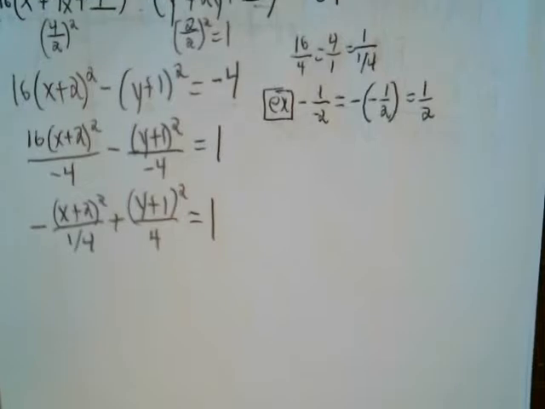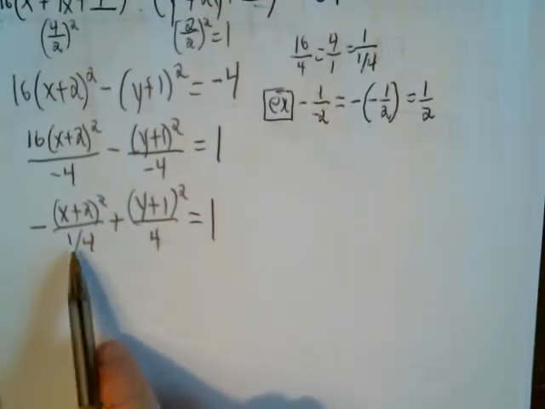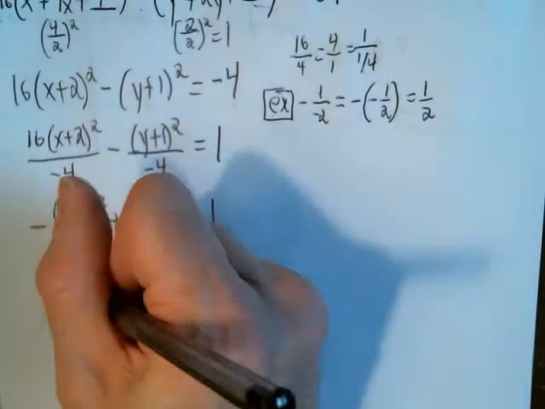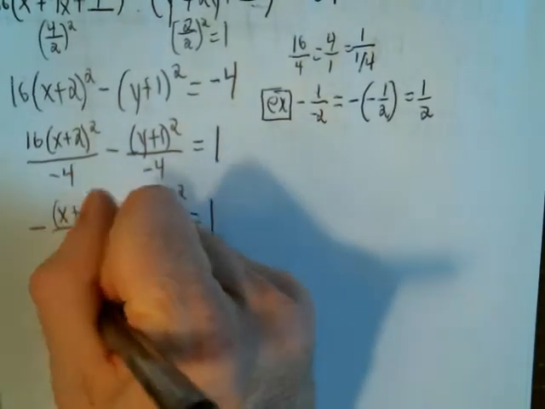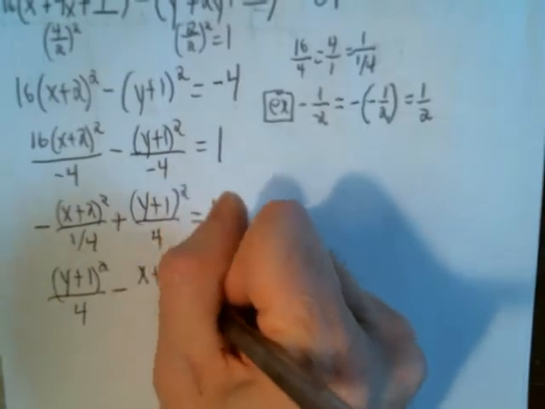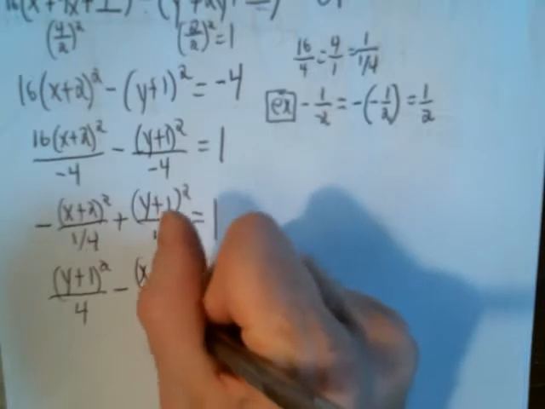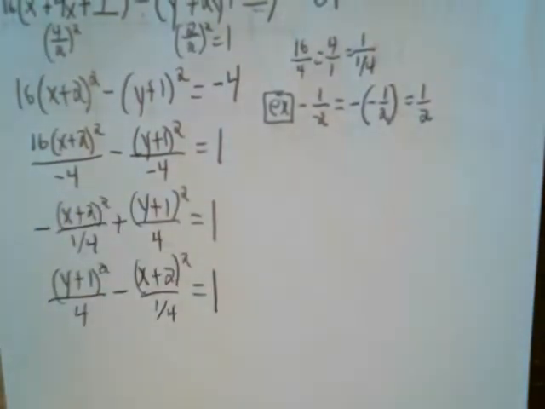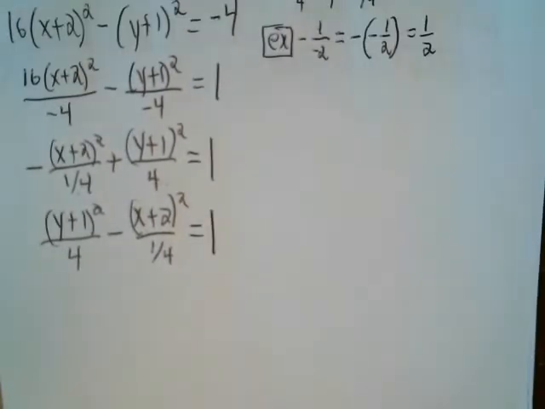Okay. And then to get into the hyperbola form, we're just going to use the commutative law of addition. 3 plus 2 is the same as 2 plus 3. To rewrite this as y plus 1 squared all over 4 minus x plus 2 squared all over 1/4. Okay, so now I have it in my standard form.